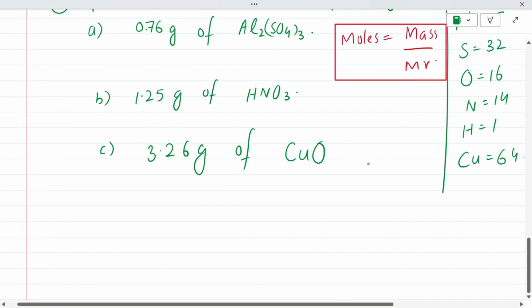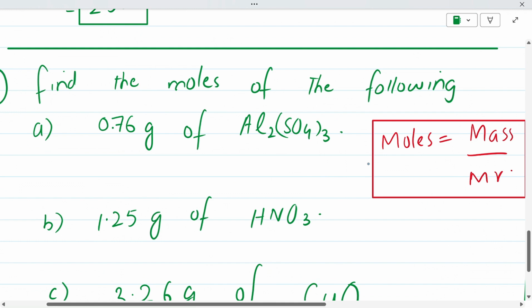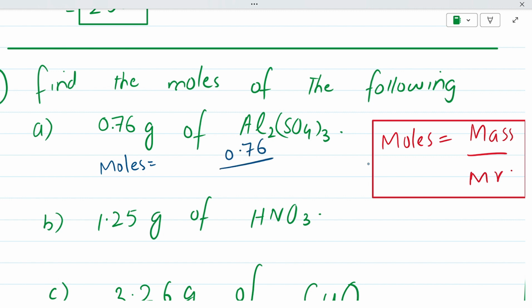Now simply use this relation: mass over Mr. You're given the mass, and you need to find the moles. So you will be dividing these two numbers: mass 0.76 divided by 342. What is the answer?